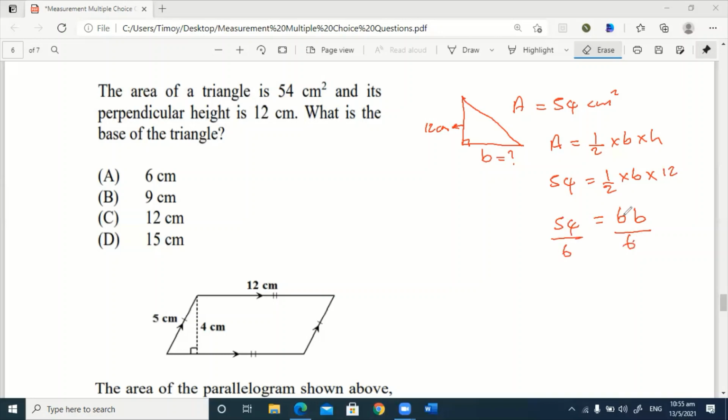So 6 into 6 will give us 1. What we are left with is B. And 54 divided by 6, that's just going to give us 9. And remember your unit, which is centimeter. So we are saying the base of the triangle is going to be 9 centimeter. This answer is going to be B.